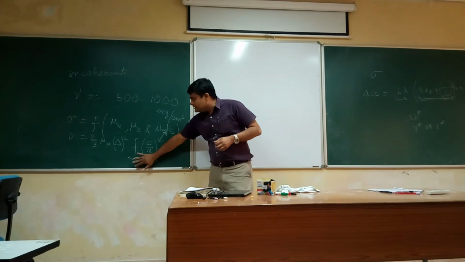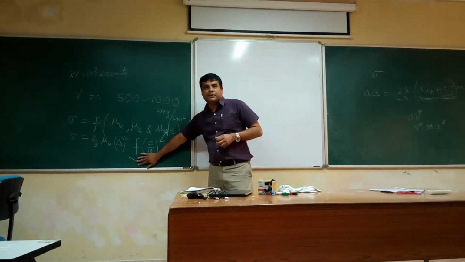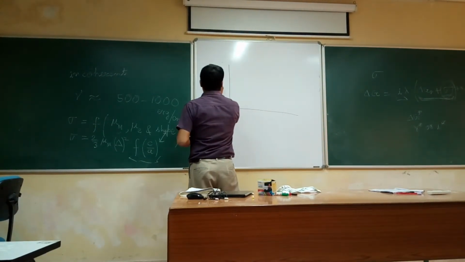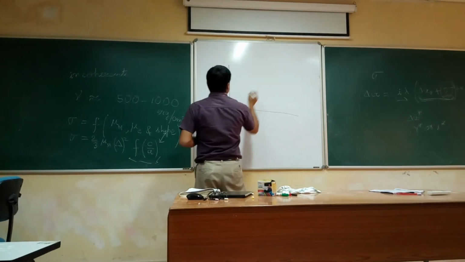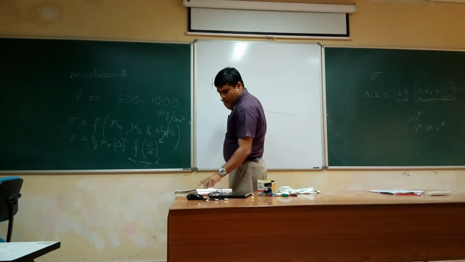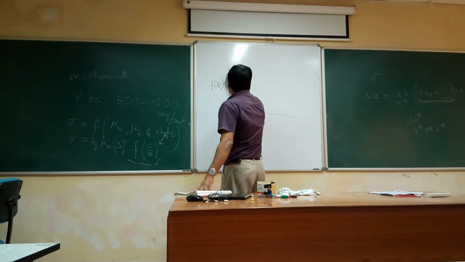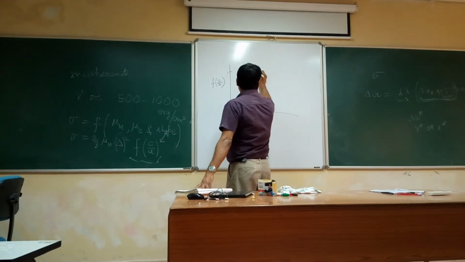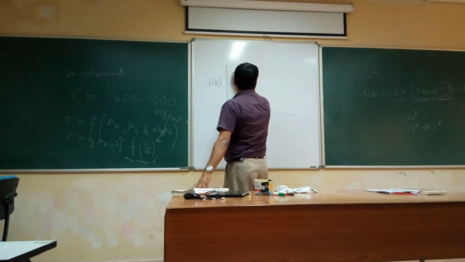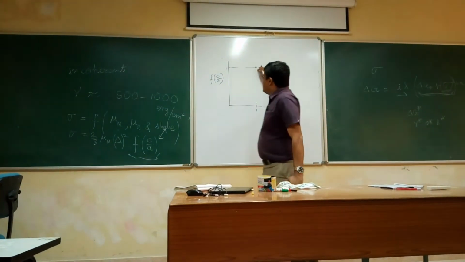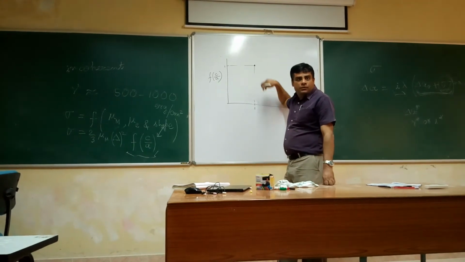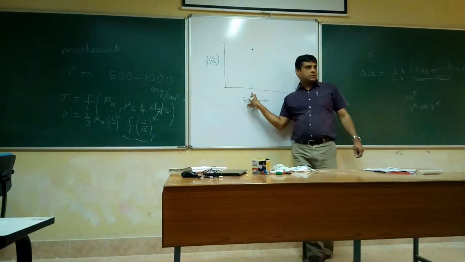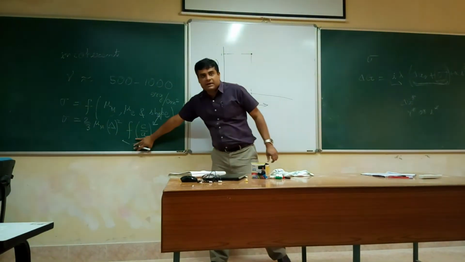So your strain energy depends on the shape, and this shape factor f of C over A, he said that it becomes, when C equals A, C over A is 1, then this factor becomes 1.